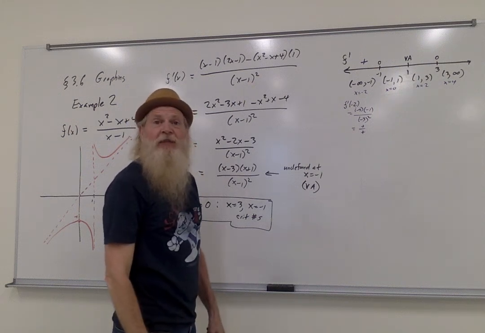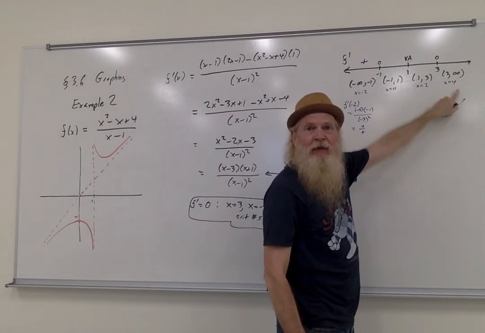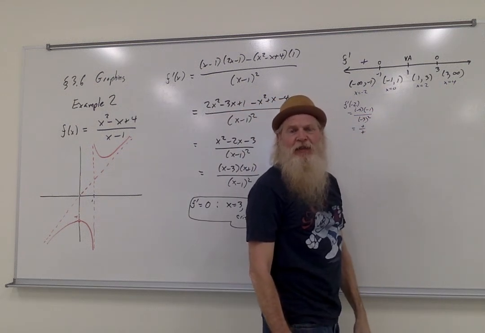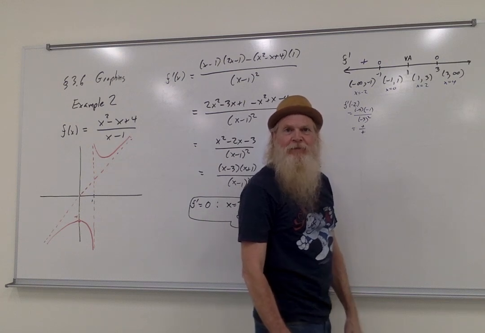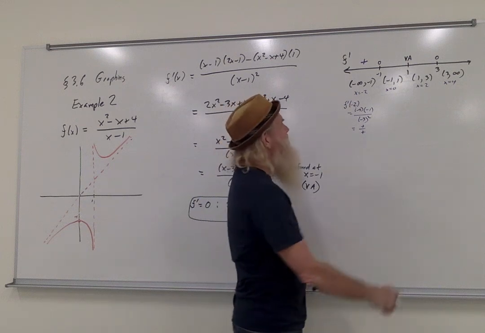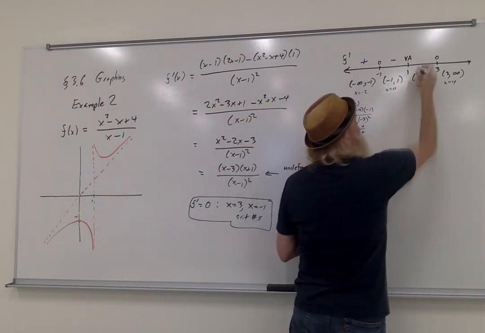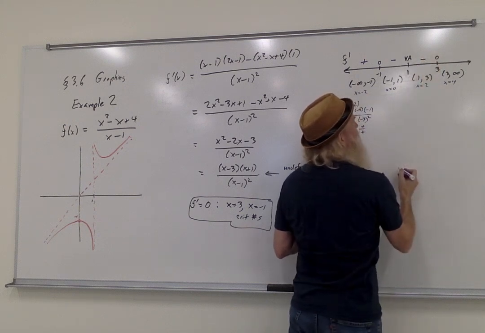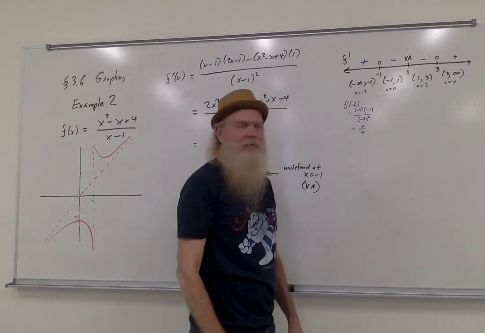I encourage you to pause the video and substitute the numbers 0, 2, and 4 in, and see what the sign of the derivative is on each of those intervals. Assuming you've done that, you should find that the first derivative is negative on the second interval, negative on the third, and positive on the fourth.